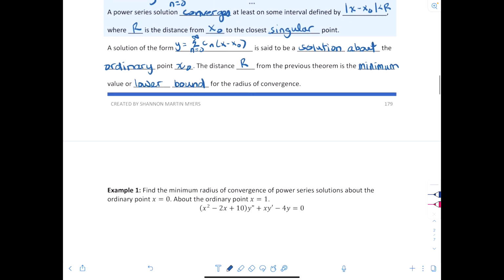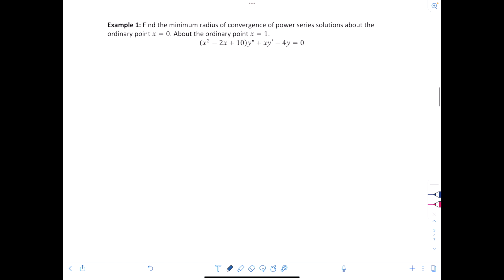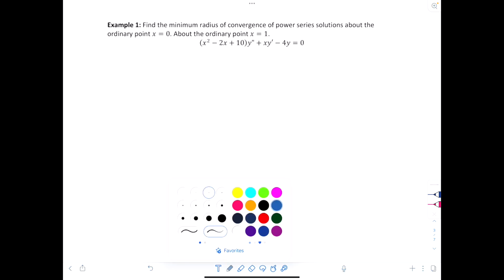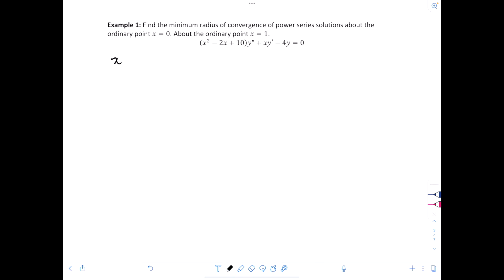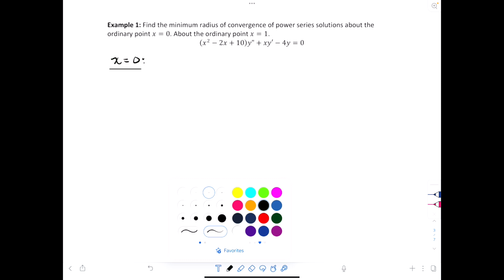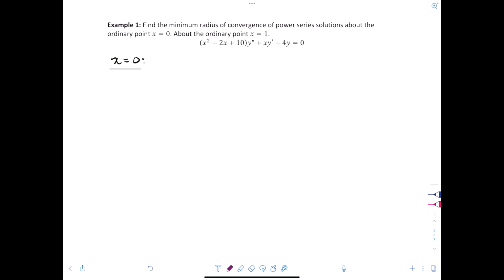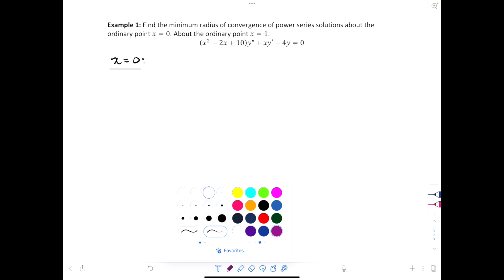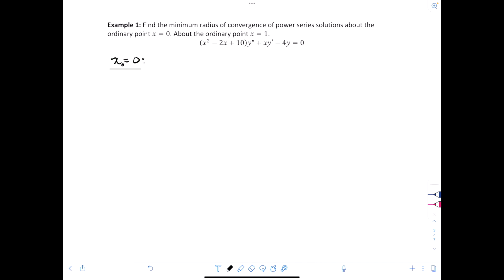All right, let's look at an example here. Find the minimum radius of convergence of power series solutions about the ordinary point x equals 0, and then about the ordinary point x is equal to 1. So first focusing on the ordinary point x equal to 0. Sorry, that would be x sub 0 equal to 0.